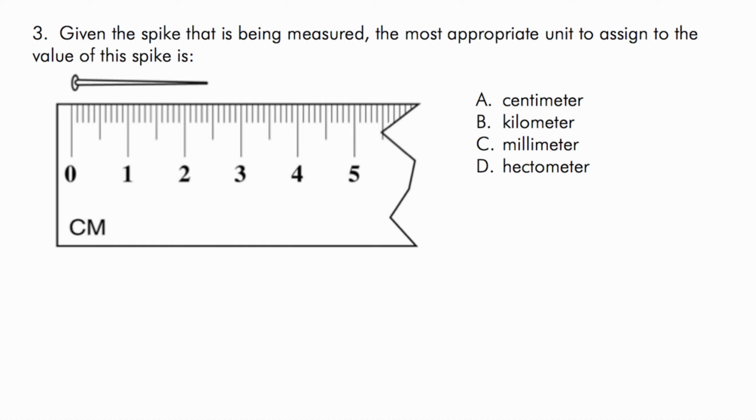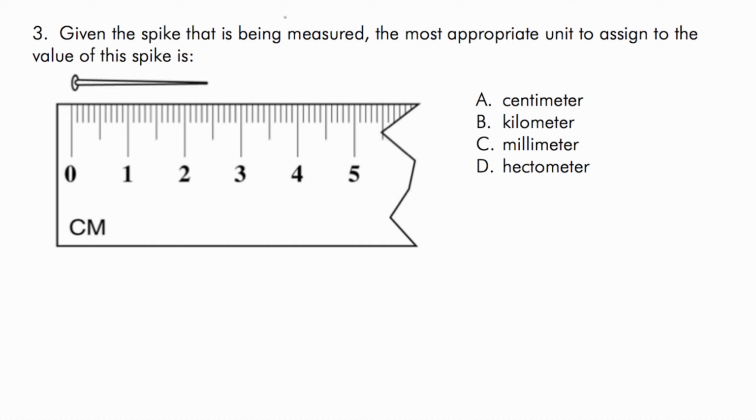Question number 3 says, given the spike that is being measured, must be talking about this thing, wouldn't want to step on that, the most appropriate unit to assign the value of this spike is... Okay, so what this question looks like it's asking is use the information given. So what are the limitations of the measurement device, and how big is this measurement device telling me the object is?